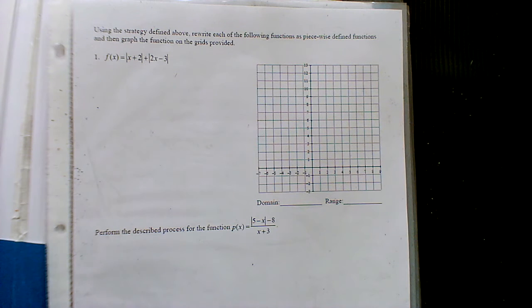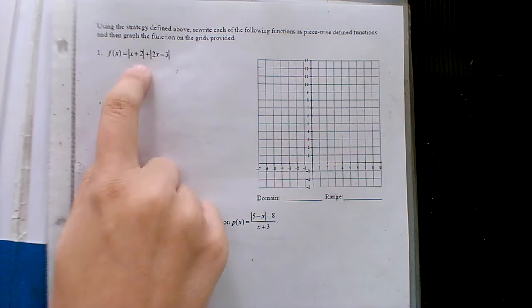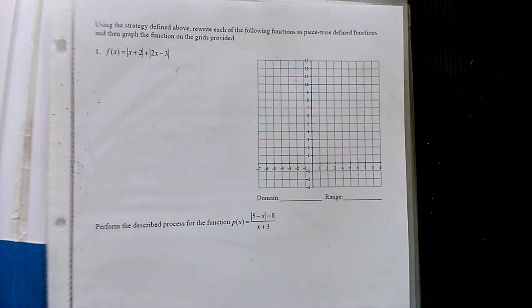So yesterday, the chart was useful for us to start to think about what we should be doing, what we should be looking for, but eventually we're going to be familiar with those things. So we're going to try to not use the chart today, but you can reference it if you have to. So looking at the first one, we're going to add these two absolute values together.